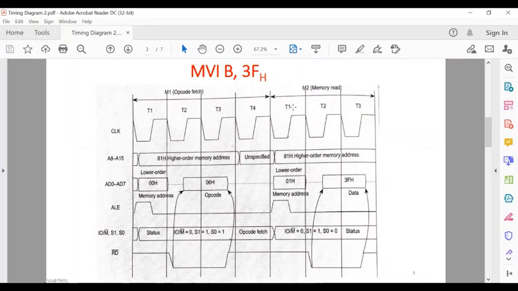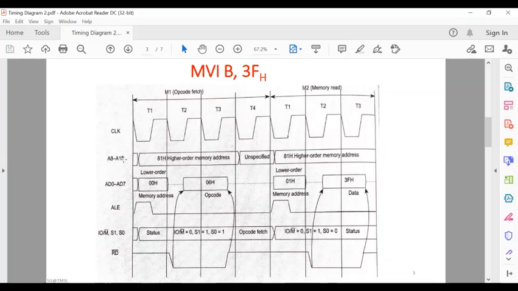Every machine cycle needs to be drawn side by side, one after another, with the same type of signals. Opcode fetch needs 4 T states, so this is T1, T2, T3, T4. The next memory read machine cycle requires 3 T states, so T1, T2, T3.